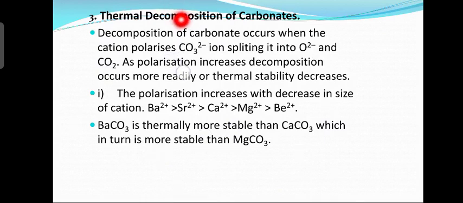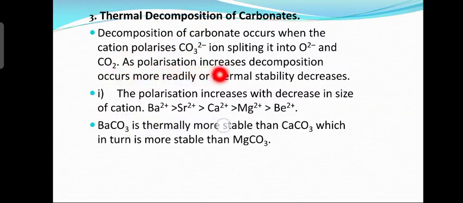Thermal decomposition of carbonates. Decomposition of carbonates occurs when the cation polarizes the carbonate ion, splitting it into O2 minus and carbon dioxide. The CO3 2 minus ion splits up into O2 minus and CO2.